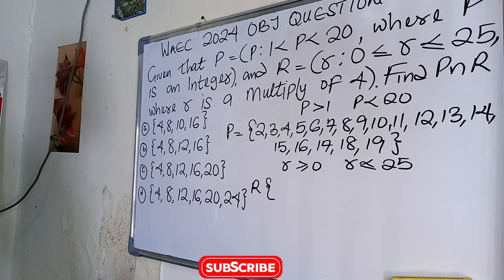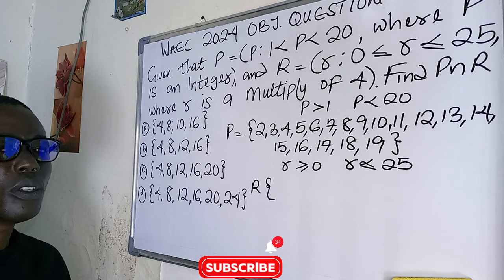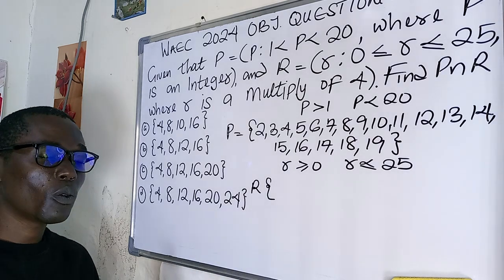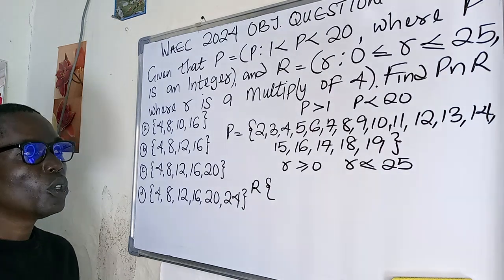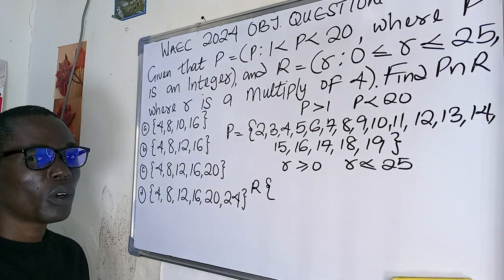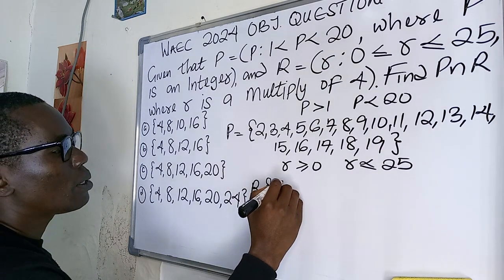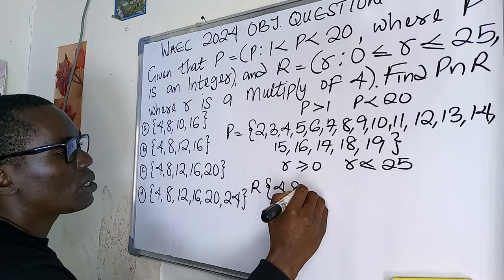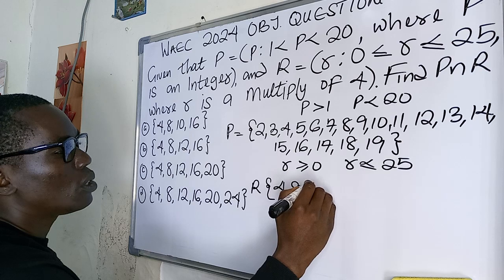So we're going to consider the multiples of 4. Multiples of any number are the values we get when we multiply that number from 1 to infinity. So 4 times 1 is 4, 4 times 2 is 8, 4 times 3 is 12.